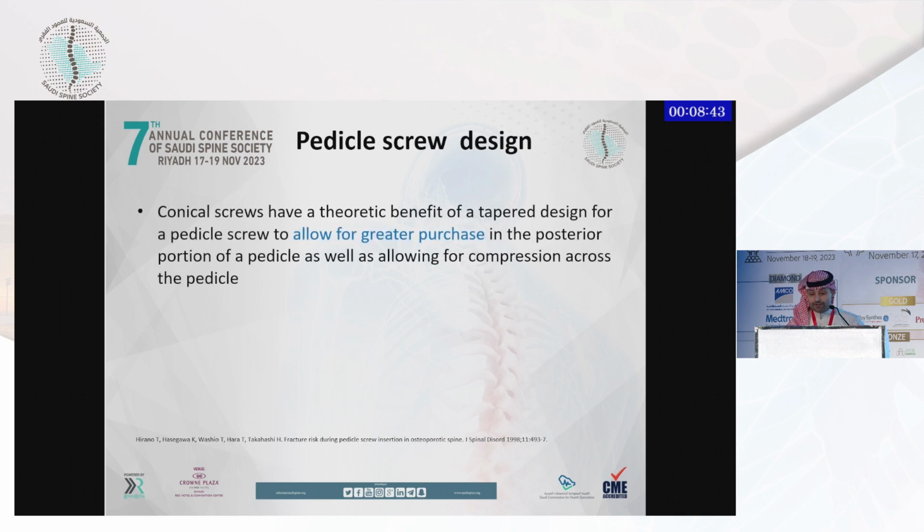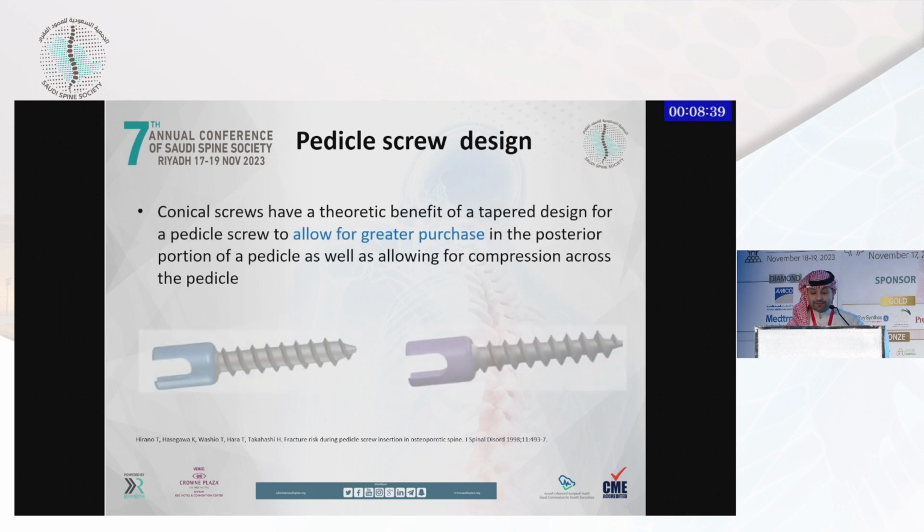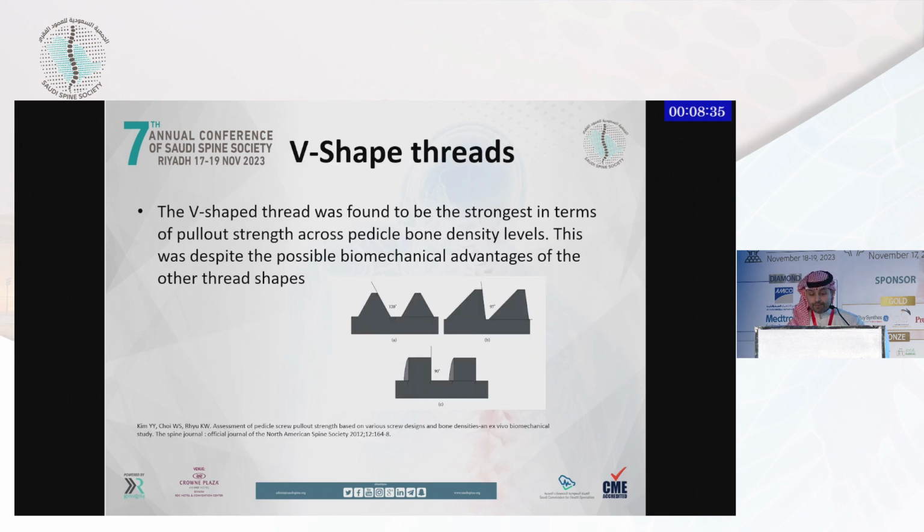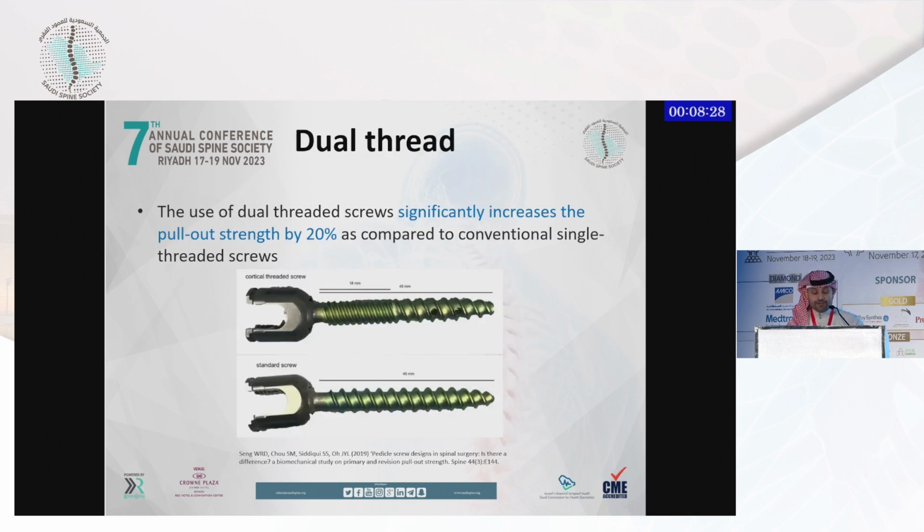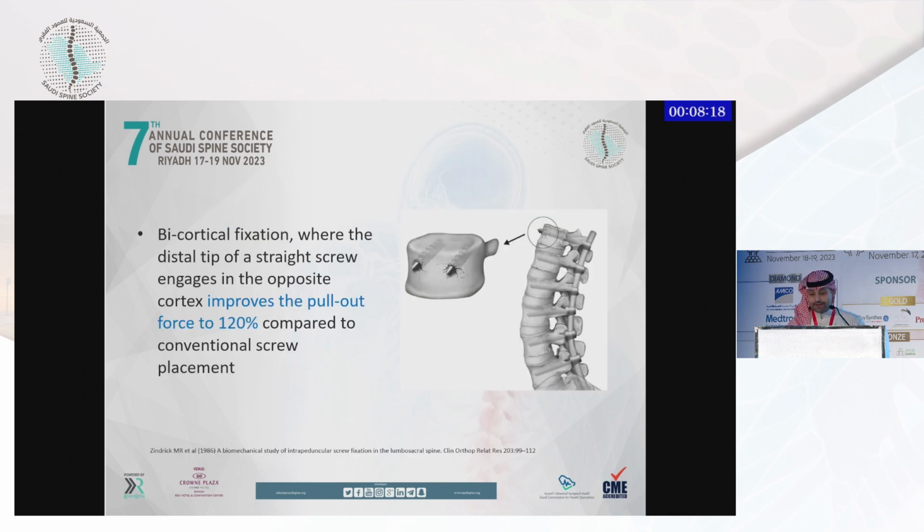In terms of pedicle screw design, conical screws allow for greater purchase across the pedicle, and V-shaped threads have the best pull-out strength across the pedicles. Dual thread screws are recently designed, which increase the pull-out strength by 20%.